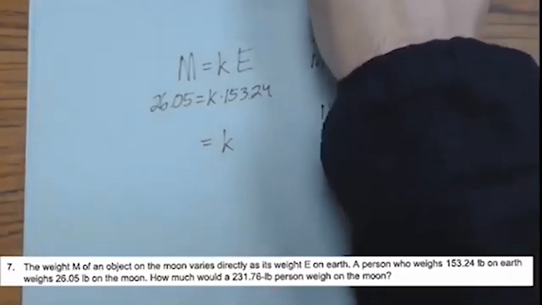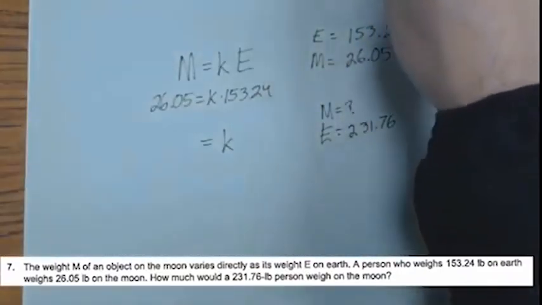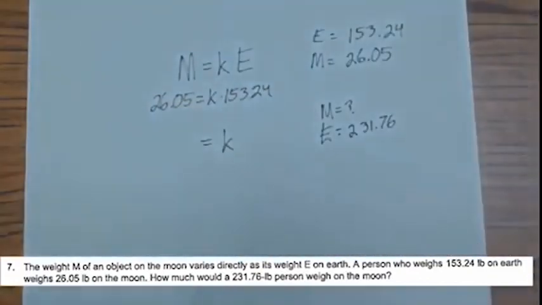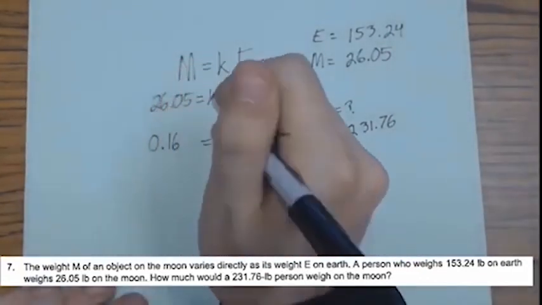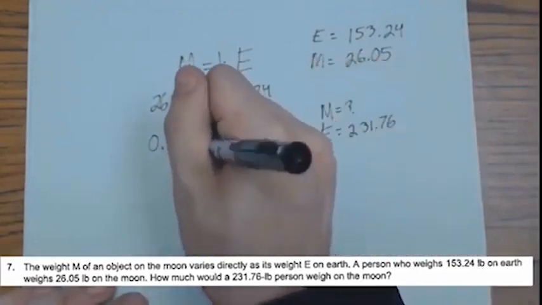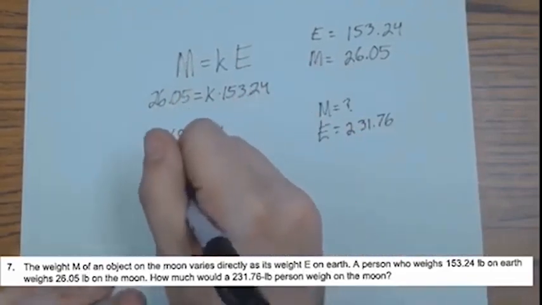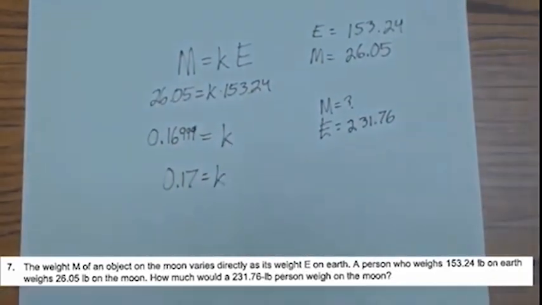So 26.05 divided by 153.24 is 0.16999. I think we can call that 0.17 without worrying about a rounding error, no problem.